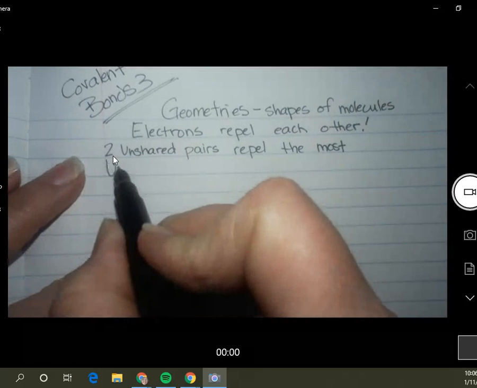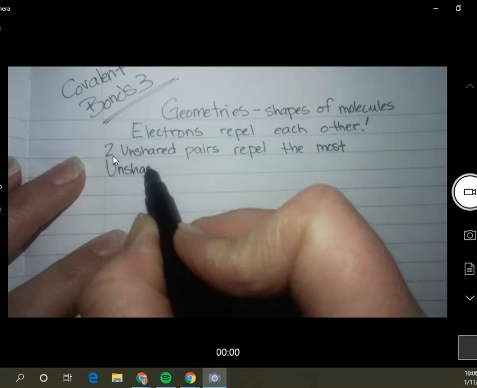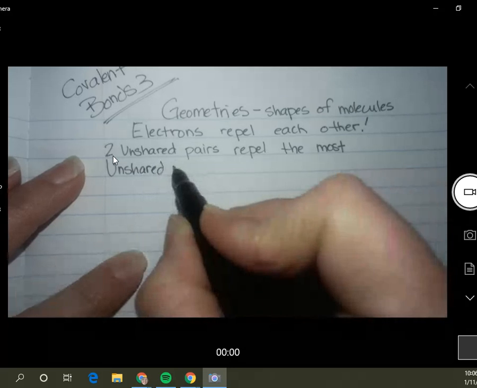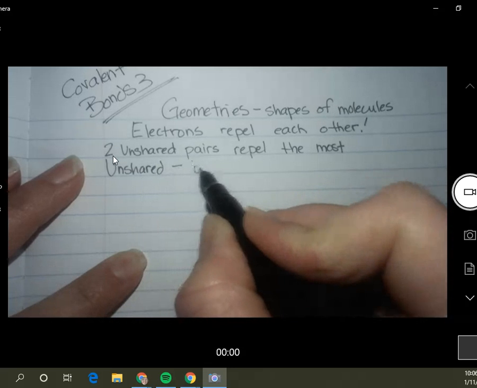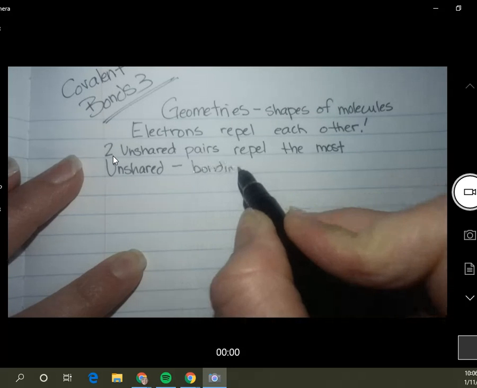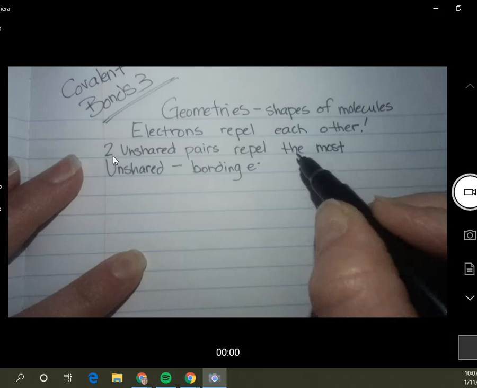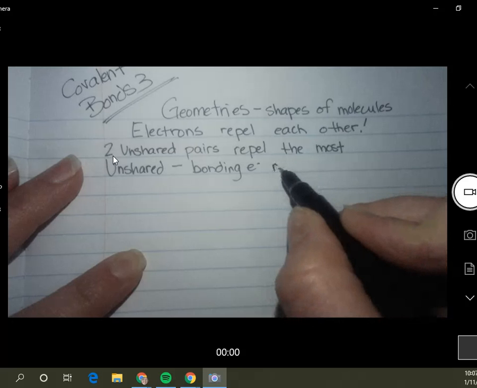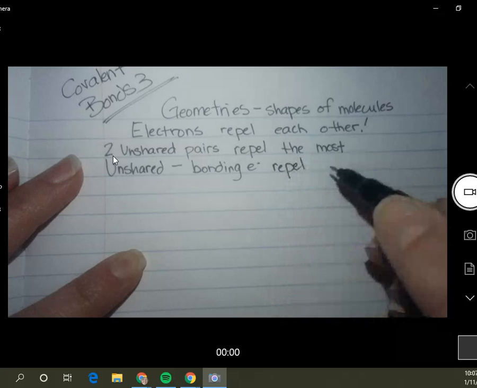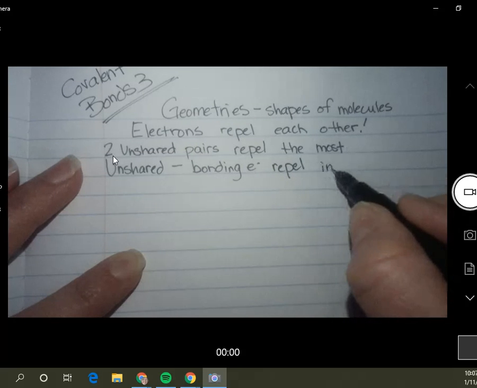And then unshared pairs right next to a bonding pair of electrons have a middle level. So not good English, but we're going to write repel in the middle.